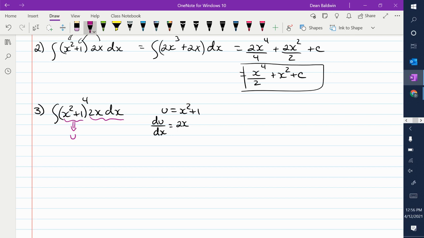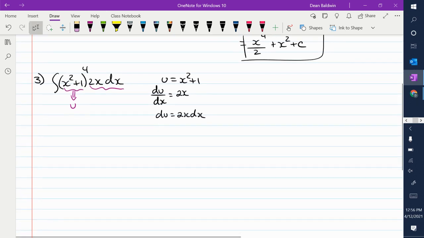Solve for du, right? I multiply the dx up here. Because, see this here? That matches this, right? So now, instead of this being 2x dx, what is that? It's just du.